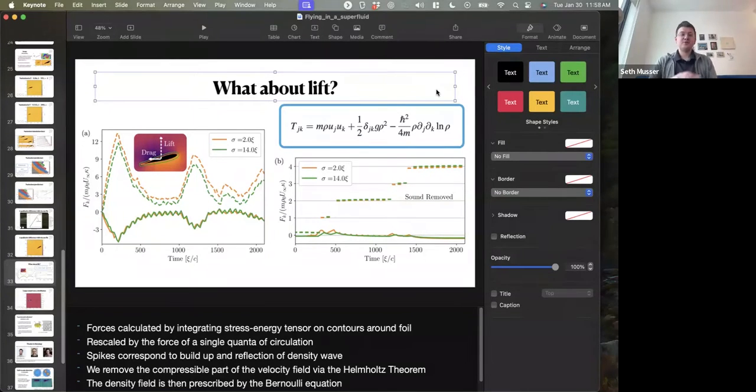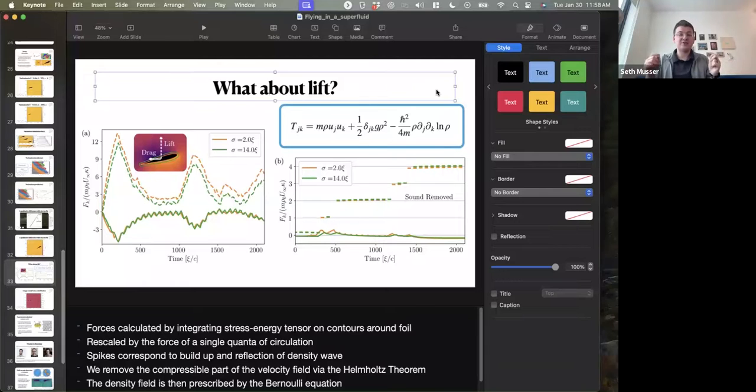Ah, yes. So, great question. What we actually found, so there's another piece of the theory of flight, which is known as the ground effect. Essentially, if you're flying a foil near the ground, where the velocity has to be 0, you can think of this as being due to an image foil reflected on the other side of the ground.